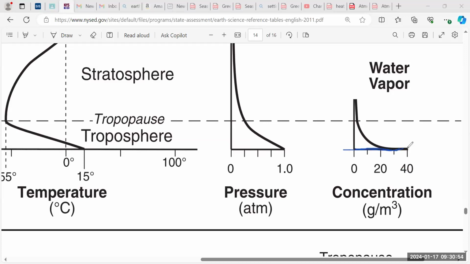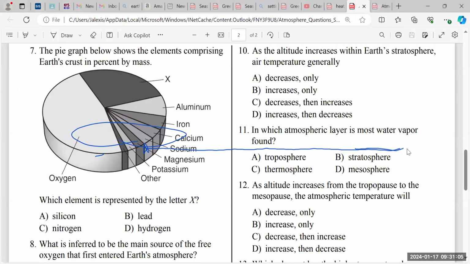Even at the ground, that means I still have to be in the troposphere. And so the correct answer is choice A.